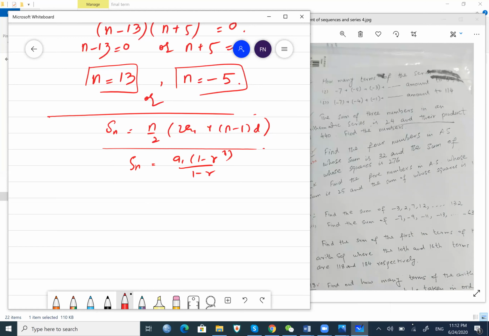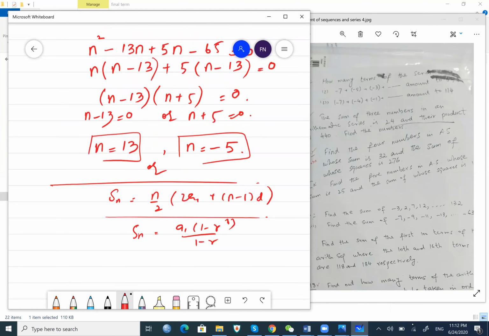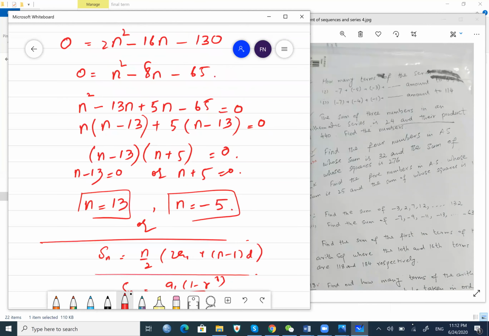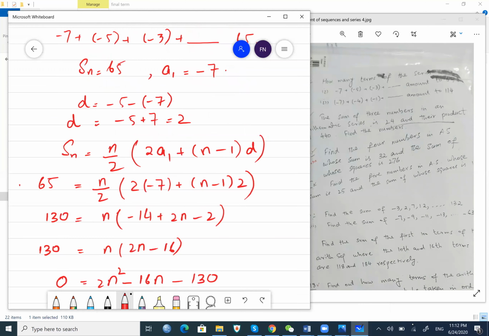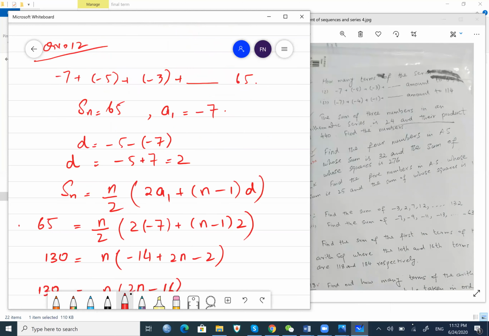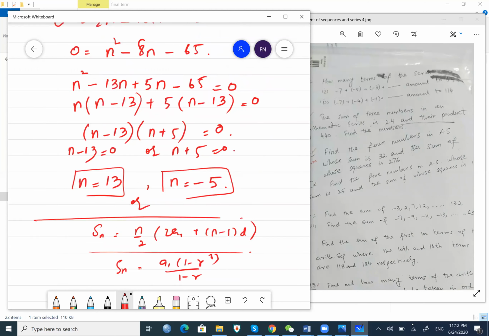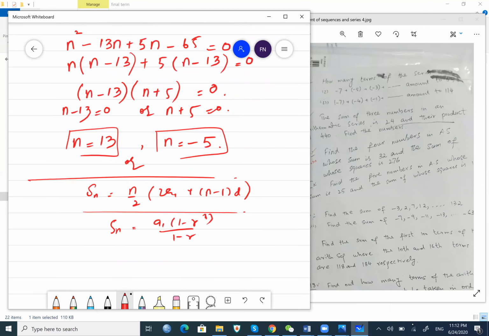Because my series is an arithmetic series. That is why I am using the sum formula of an arithmetic series. If that were a geometric series, in that case I would use the sum formula of a geometric series. Is that clear?